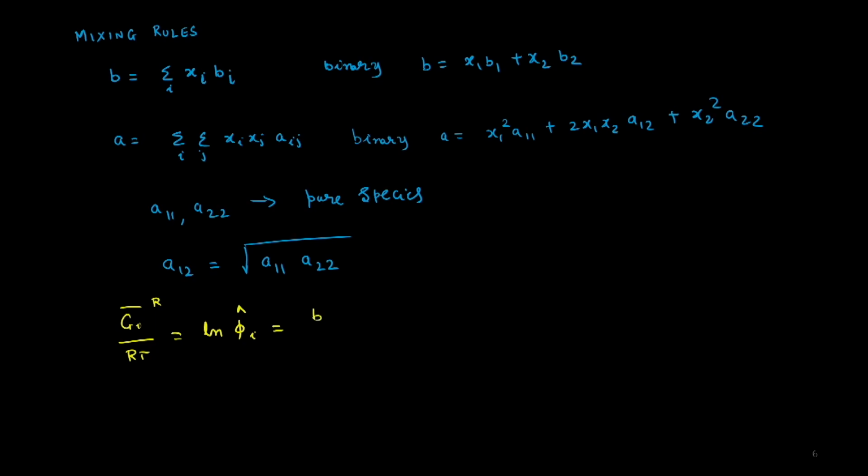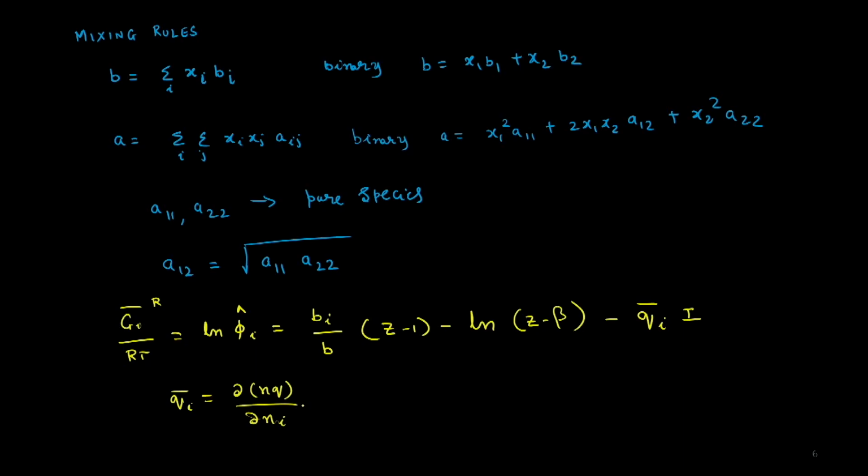It turns out to be Bi over B times (Z minus 1) minus ln(Z minus beta) minus qi bar times I. And qi bar here is given as the derivative of nq with respect to ni at P, T and nj, and this in turn boils down to q times (1 plus ai bar over A minus Bi over B).